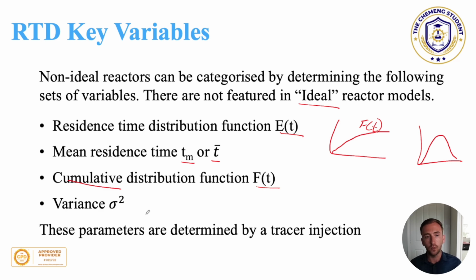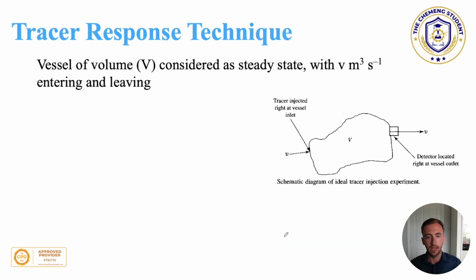Now, as I said, we would look at these in a lot more detail in our other videos and in the course, but here what we're interested in is looking at the residence time distribution function. But all of these parameters are determined through tracer injection responses. So this is all done experimentally. Whenever you solve these problems, it's always from live experimental data.